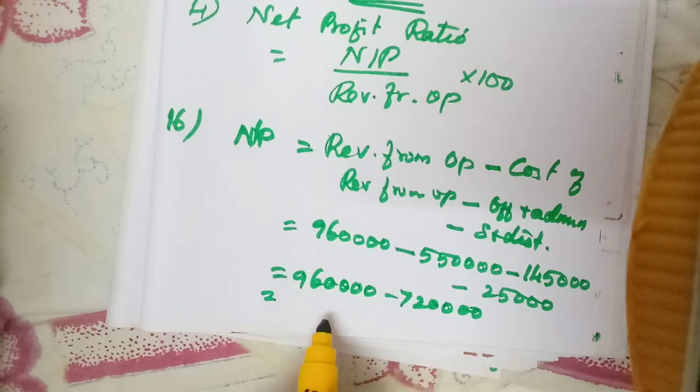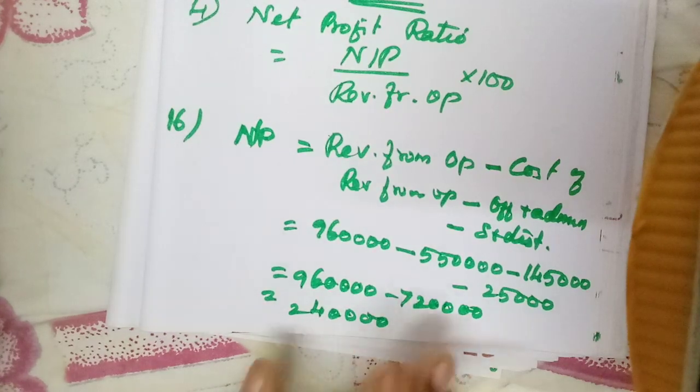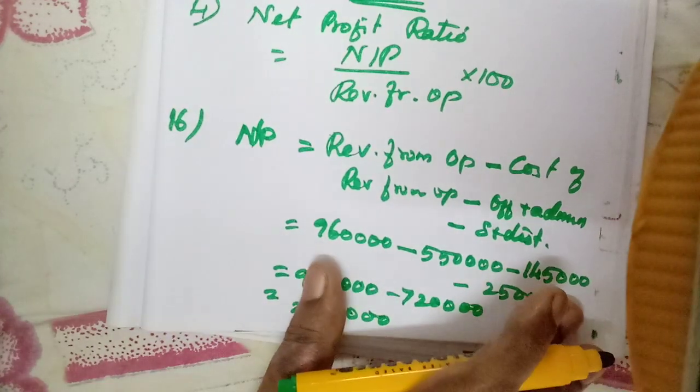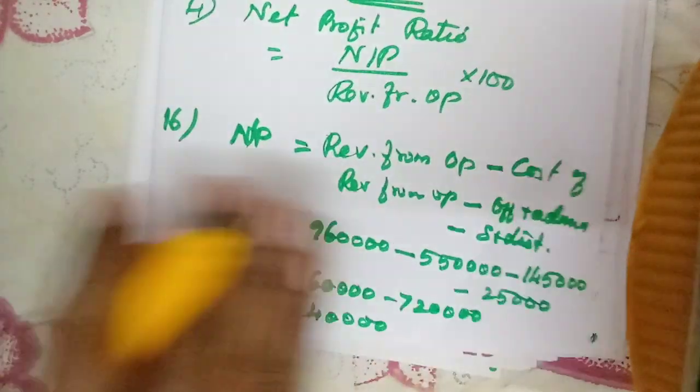So here 2,40,000. Now we need to calculate the net profit ratio. Net profit 2,40,000.